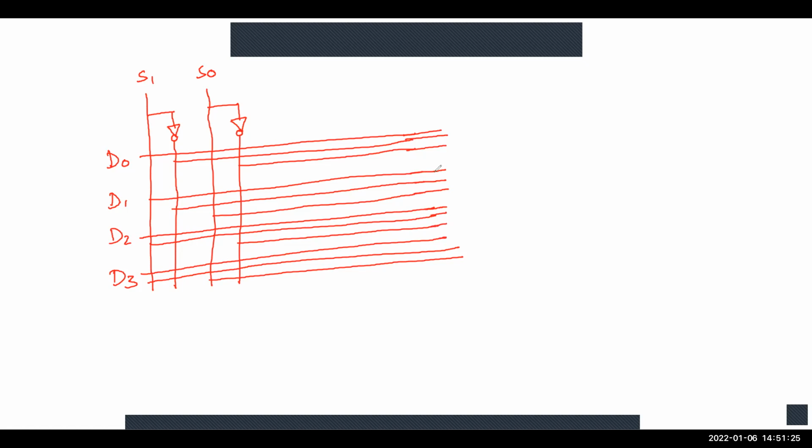Okay. So first here, this is the AND gate. Multiplication was there, so AND gate. Okay.